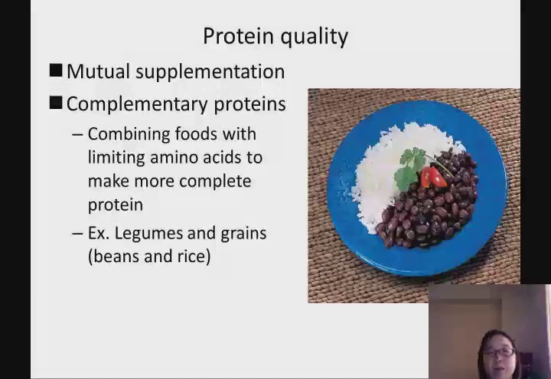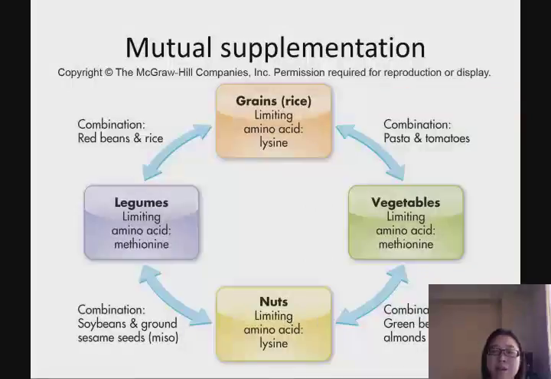When you consume low quality proteins, you can use complementary proteins, combining foods with different limiting amino acids to make a more complete protein, like legumes and grains eaten together, like beans and rice. Rice has a limiting amino acid, lysine. Legumes are missing methionine. But when you eat them together, they complement each other, so you are not going to miss anything.